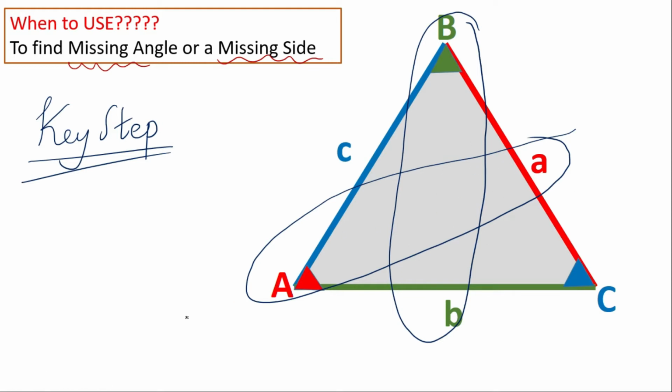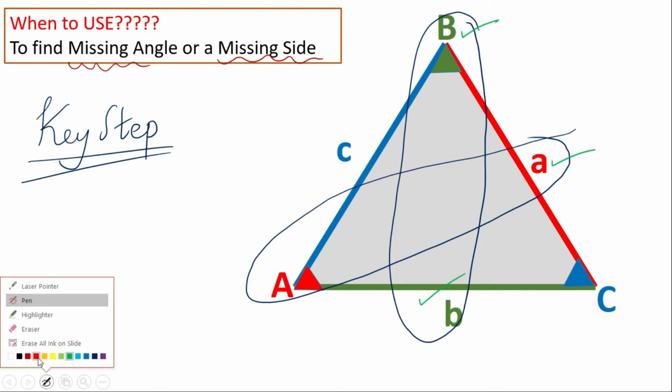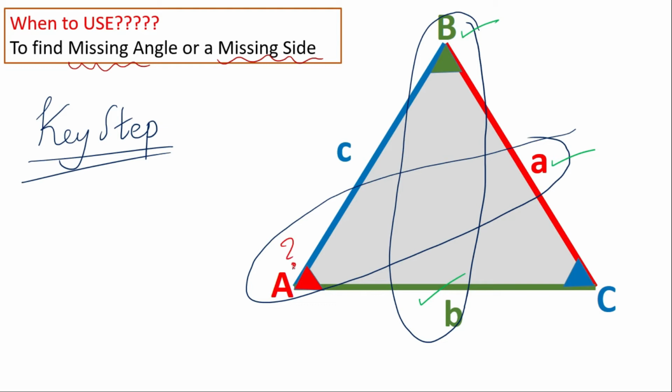You can see it's like an X. You can see two angles and two sides involved in this. There should be three parameters known, and there should be one unknown. Only under these conditions can you use the sine rule.